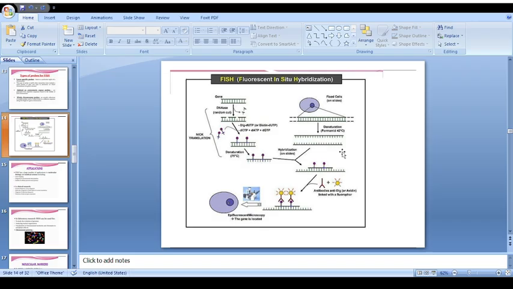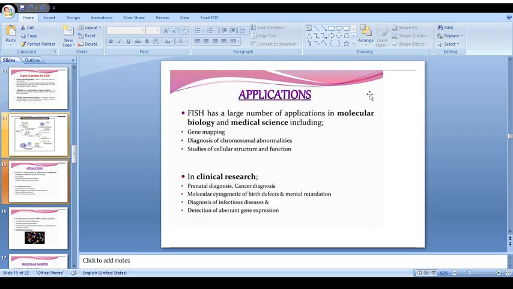Later, antibodies such as anti-DIG or avidin are linked with the fluorescent probe, which in turn creates a fluorescent signal in the particular cells, fixed cells in this case. This is how we can perform the fluorescent in situ hybridization technique for a particular chromosome, where we can detect it. What are the applications?